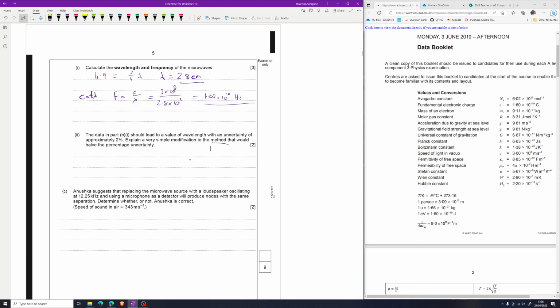A simple modification: double the number of nodes between which we measure the distance, i.e. measure nodes twice as far apart.